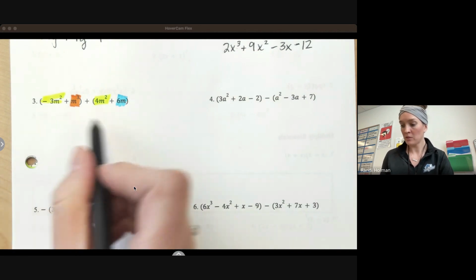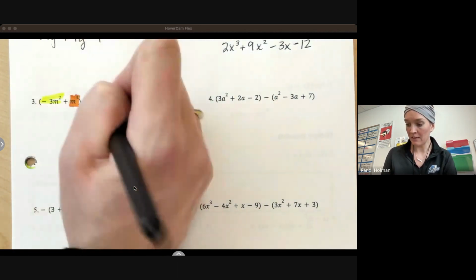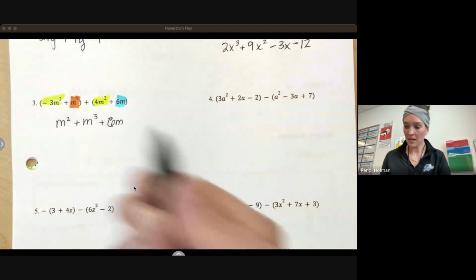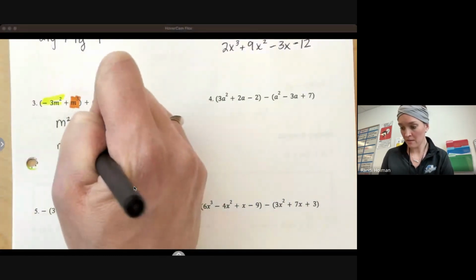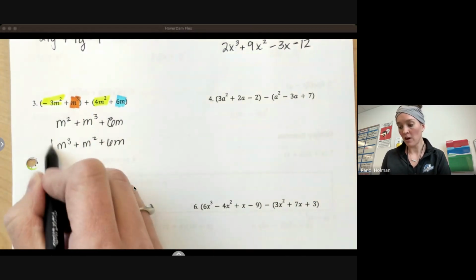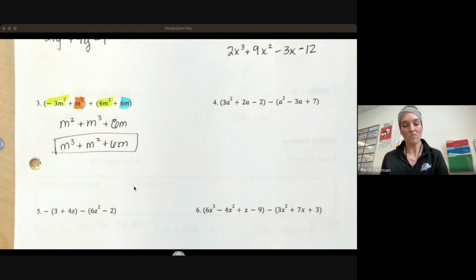I have negative 3m squared and 4m squared, so I end up with 1m squared, or m squared. Just rewrite it in standard form. Okay, and we have this nice cubic trinomial with degree of 3 and 3 terms.